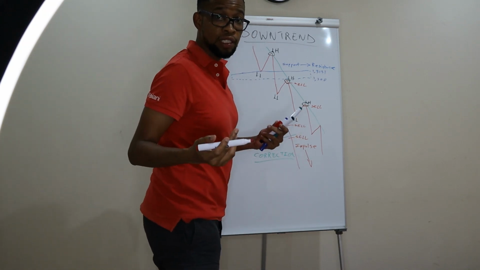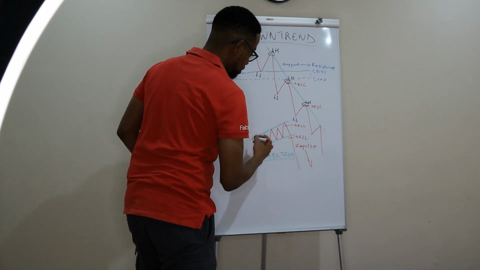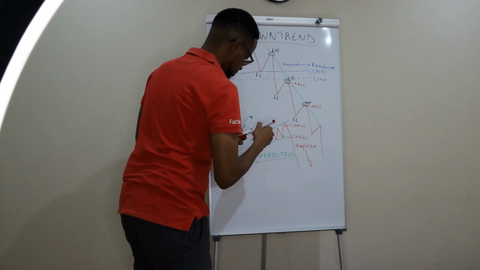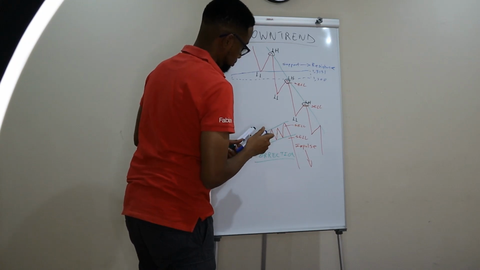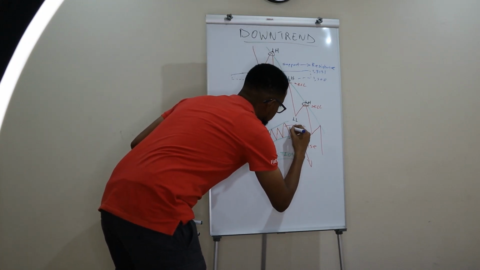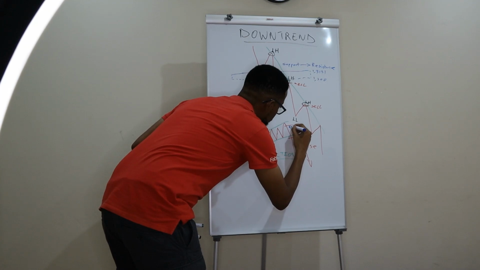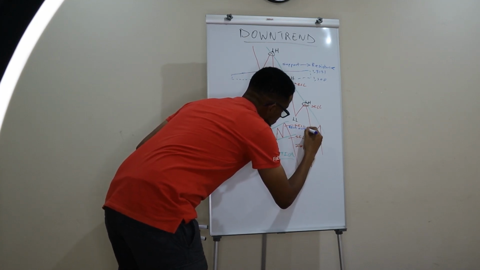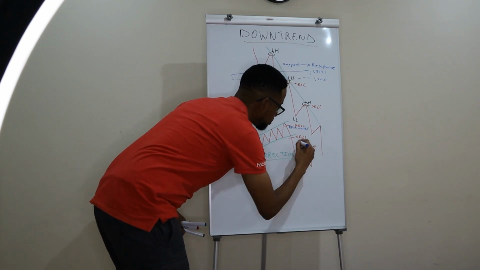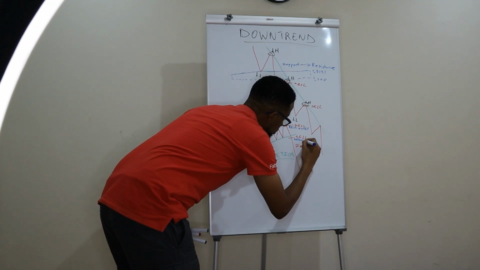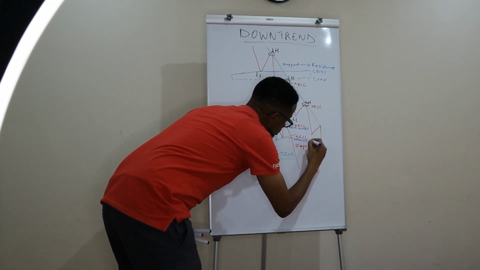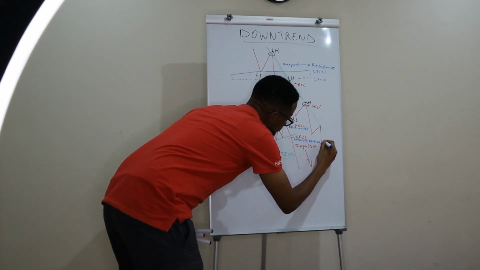If you have a good risk appetite, which should be your risk entry here. And then this will be your reduced risk entry.